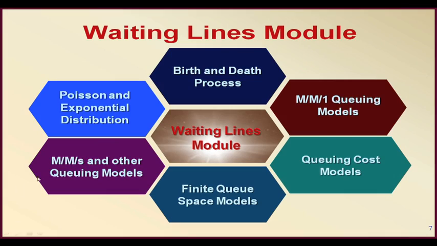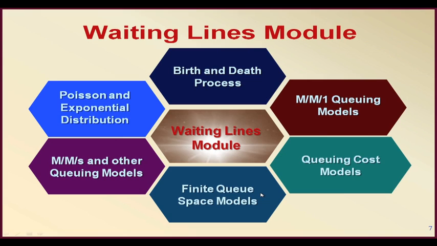So, we have to look first of all at the different distributions, the discrete distribution of Poisson and the continuous distribution of exponential. There is an equivalence, because most of the queuing analyses are based on such distributions. The birth and death process, through which the queuing calculations can be done, and the different types of queues like single server, Markov process queues, multiple server and other models, and also the finite queue space models will be covered, right.